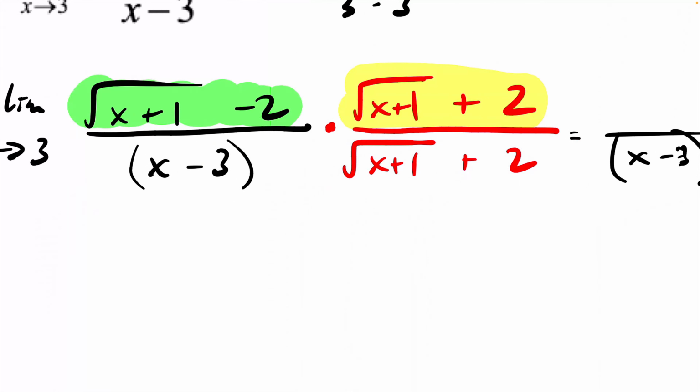Mm-hmm. Both of them have a square root. Good. What else? When I say evaluate the relationship, it means what's the same, what's different. So they both have square roots, x plus 1.